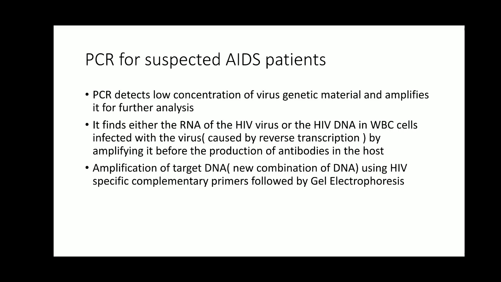Primers are short segments of DNA, or oligonucleotides, which are chemically synthesized and contain 20 to 30 base pairs. We design complementary primers that are specific to this infected DNA, the HIV DNA.